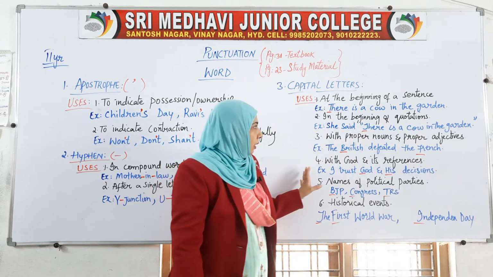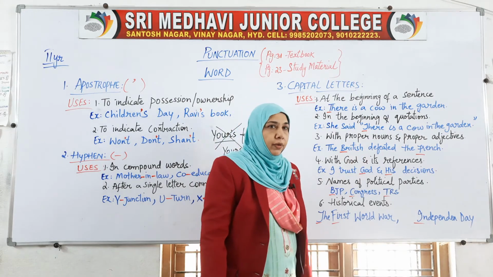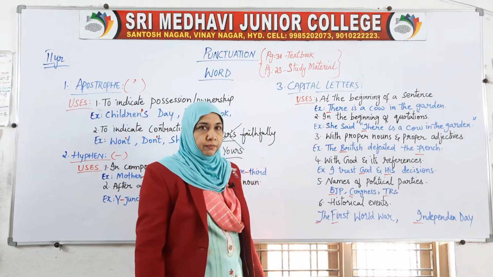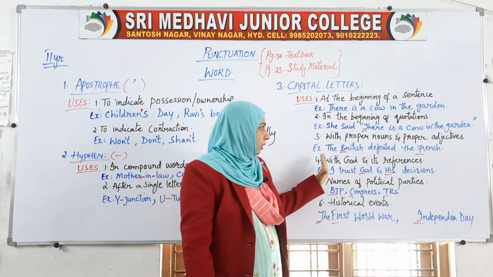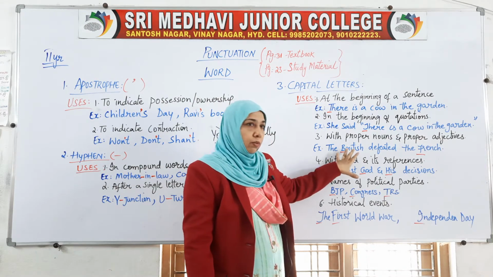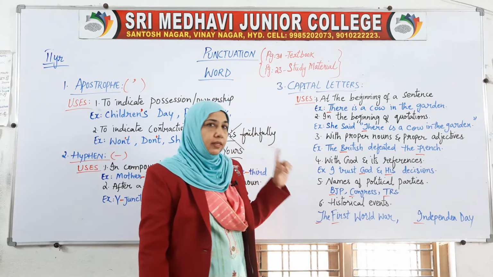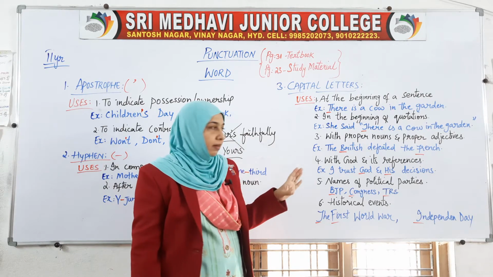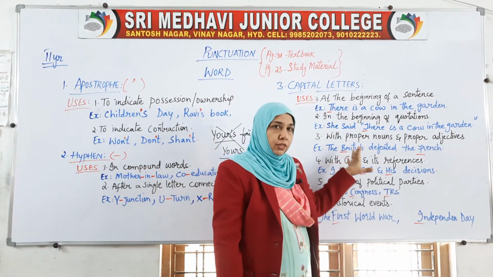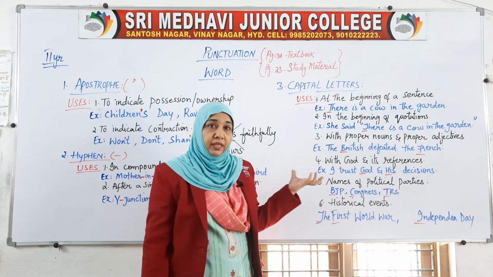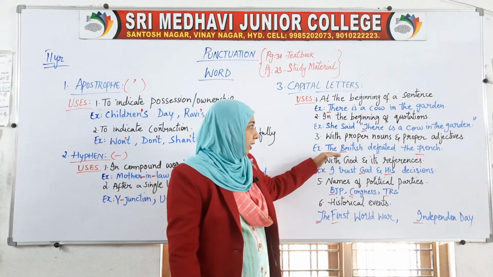Fine. Capital letters are also used with proper nouns and proper adjectives, like: The British defeated the French. Here, British is a proper noun. Why are we putting "the" here?